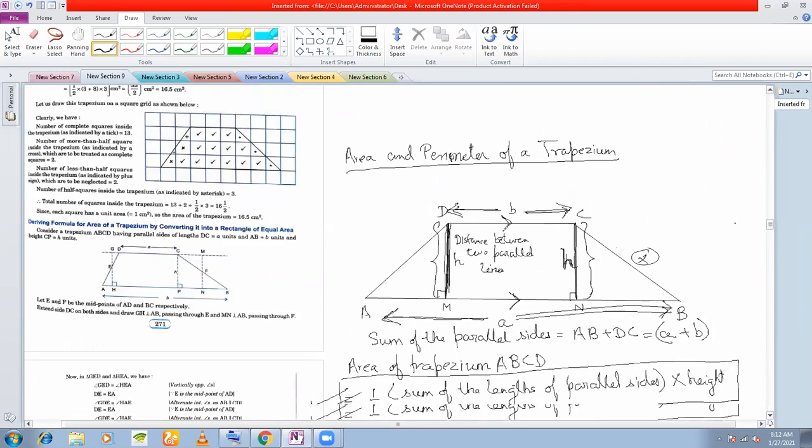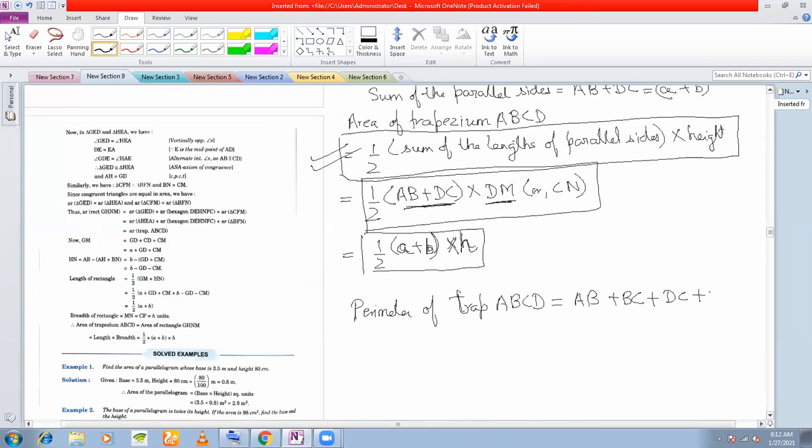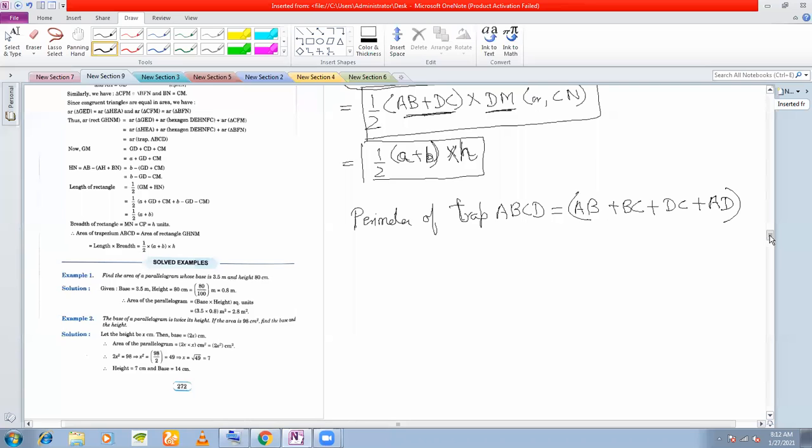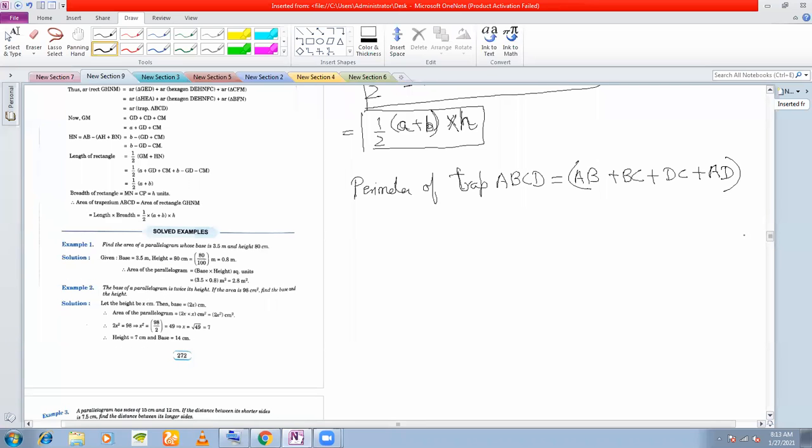Plus, and finally you have AD as another boundary. Okay, so this is the perimeter of the trapezium. You add the lengths of these four sides, you will get the perimeter of the trapezium. Next, we move on to the next figure, which is your rhombus, area and perimeter of a rhombus.